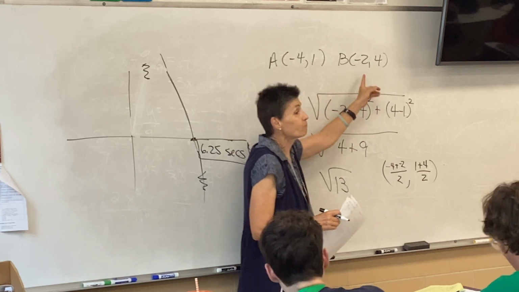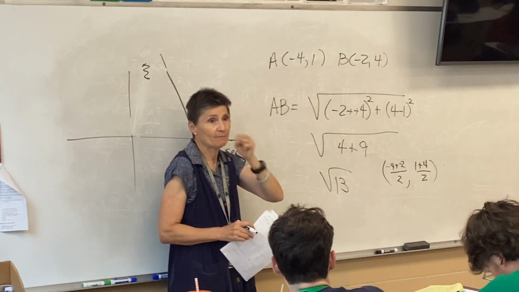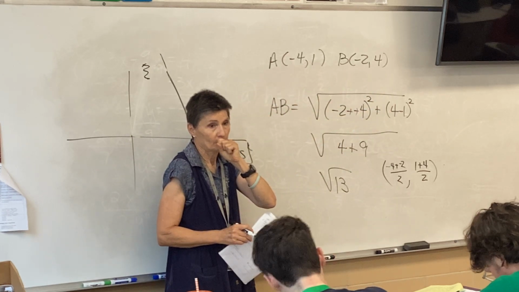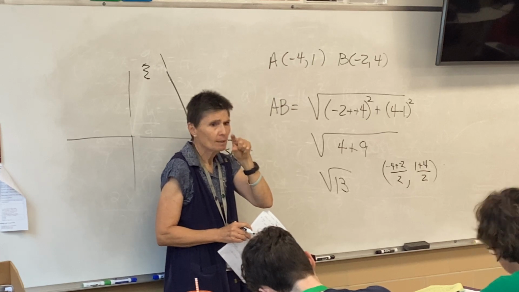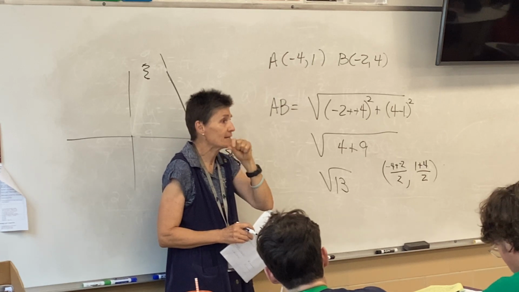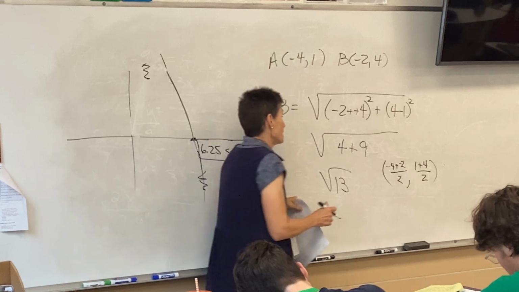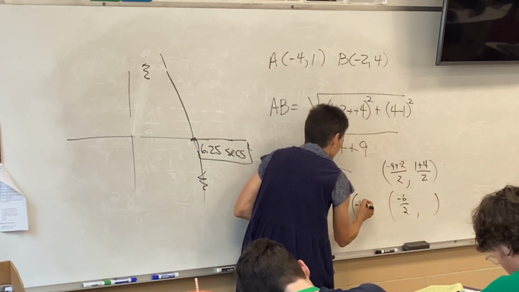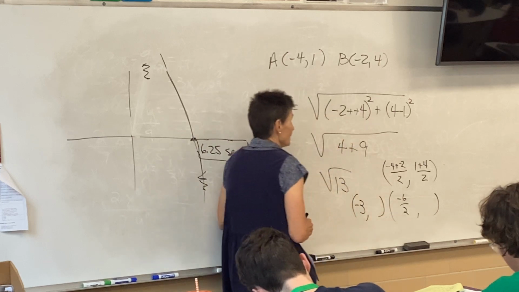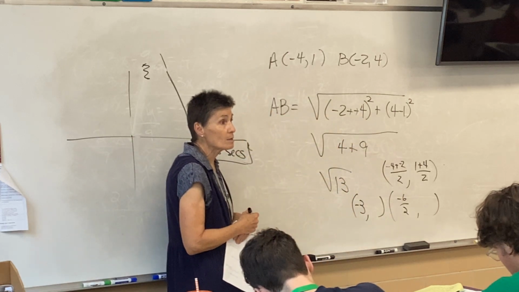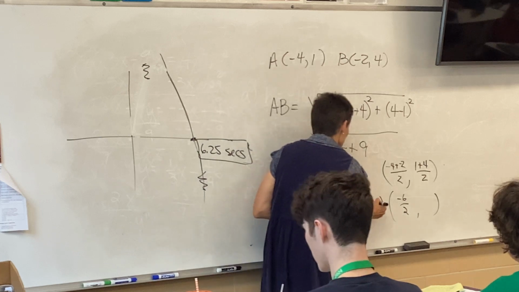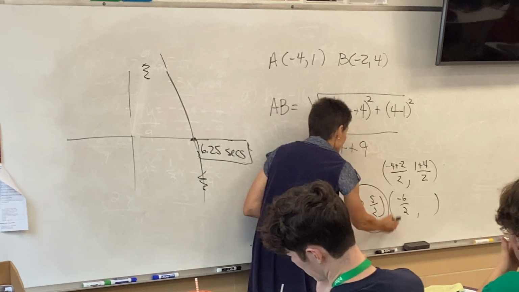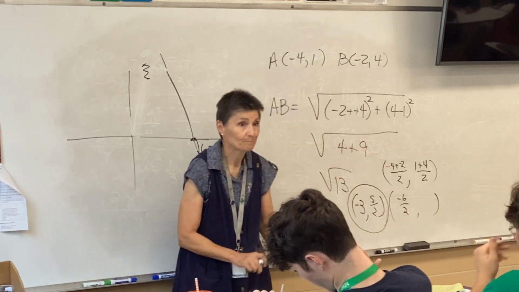So what's -4 plus -2? -4 plus -2 is -6. -6 over 2 is -3. 1 plus 4, 5 over 2, I'll just write 5 over 2. So there is your midpoint.